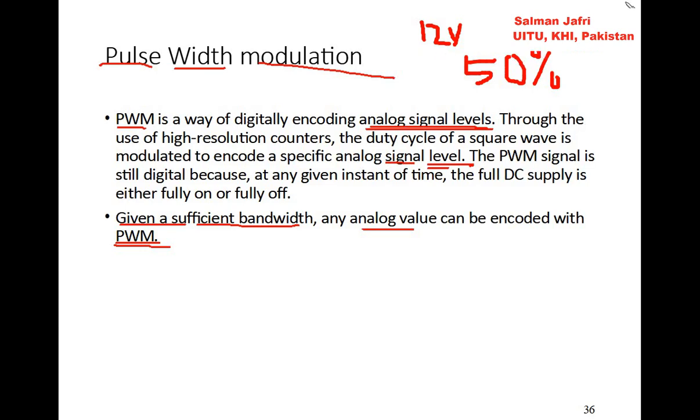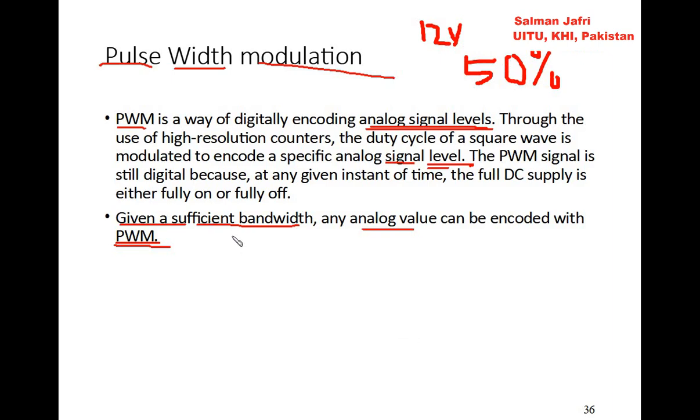So the effective voltage created is half of this 12 volts, which is 6 volts. So the PWM signal is still digital, because at any given instant of time the full DC supply is either fully turned on or fully turned off, like I said before in this example.